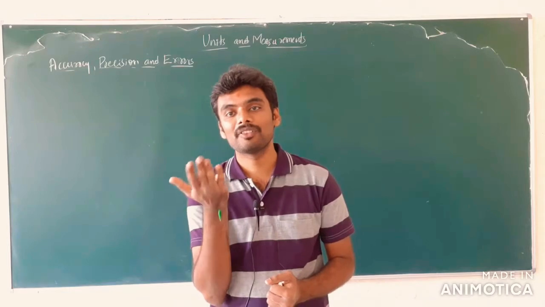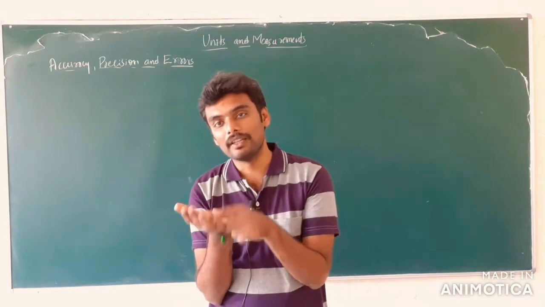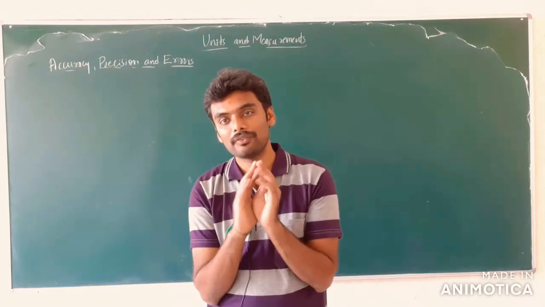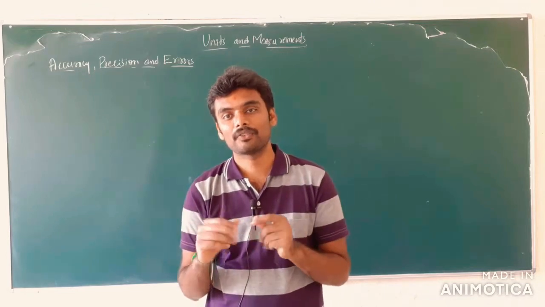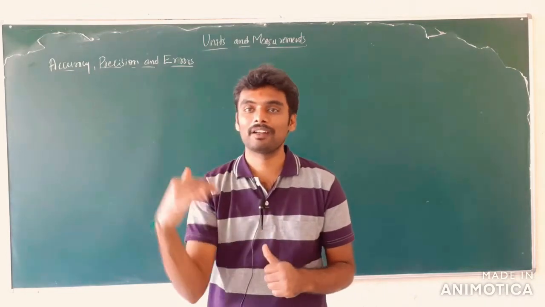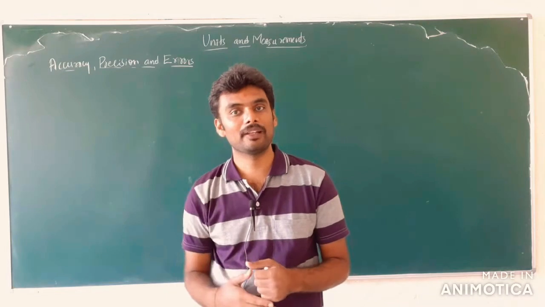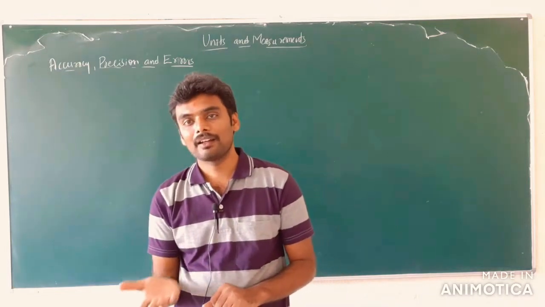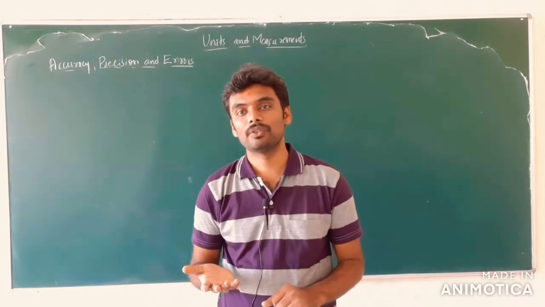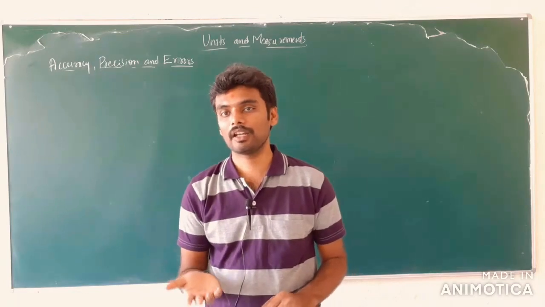Now 100 gram is the true value. True value is the fixed value, which belongs to the standard value, which can also be taken as standard value. Now that 100 gram is the true value of the mass of the toothpaste, right?